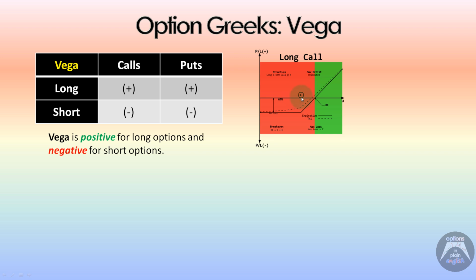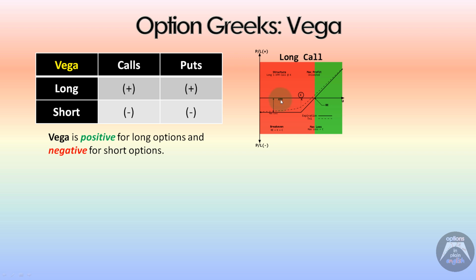Well, if the implied volatility goes higher, then this move making this option go in the money is going to be more probable, because there's more volatility, there's more variation in the price that's expected over the life of the trade.